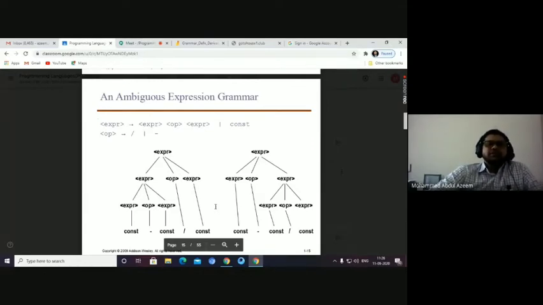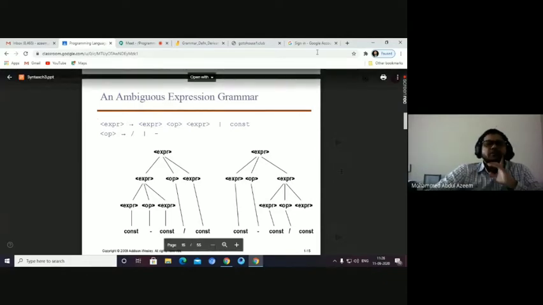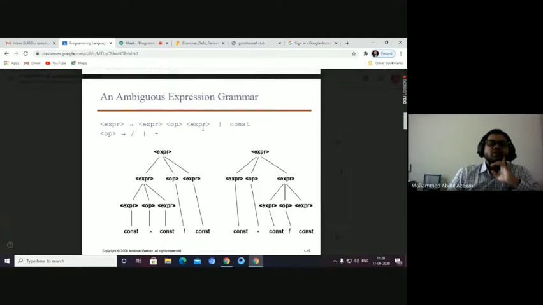You can see one example given in the PPT. Here, expression is defined to be expression, operation, expression, or constant. And operation is defined to be either divide or minus.